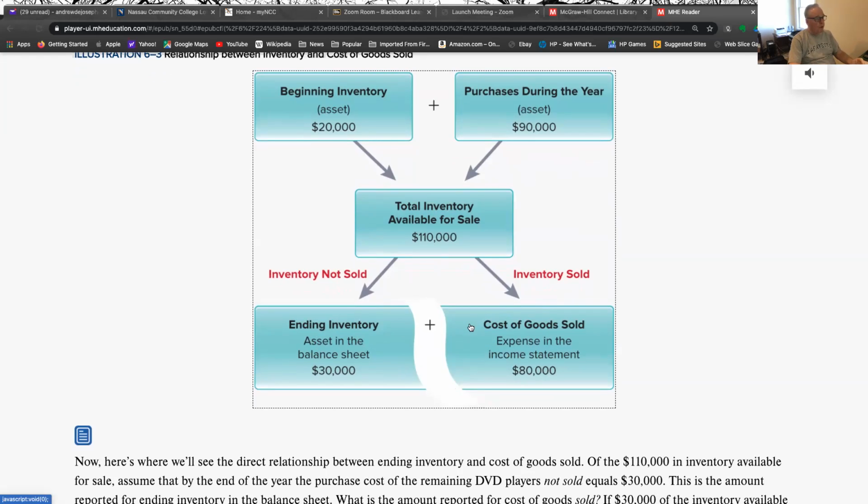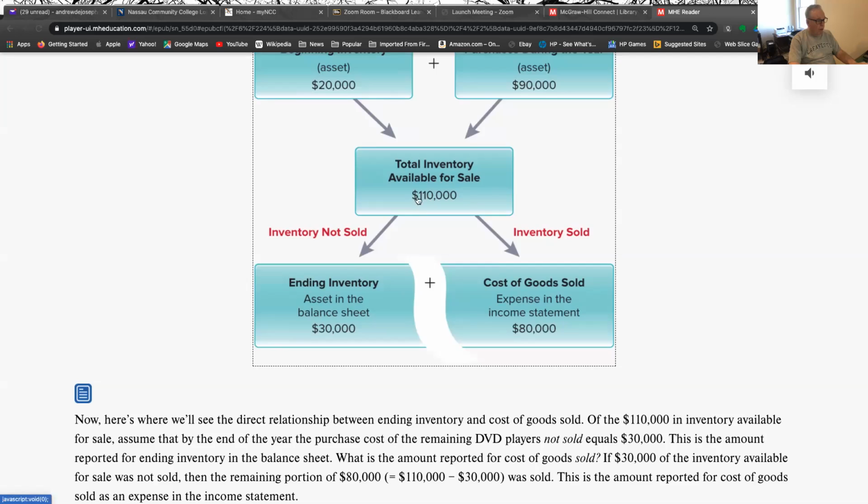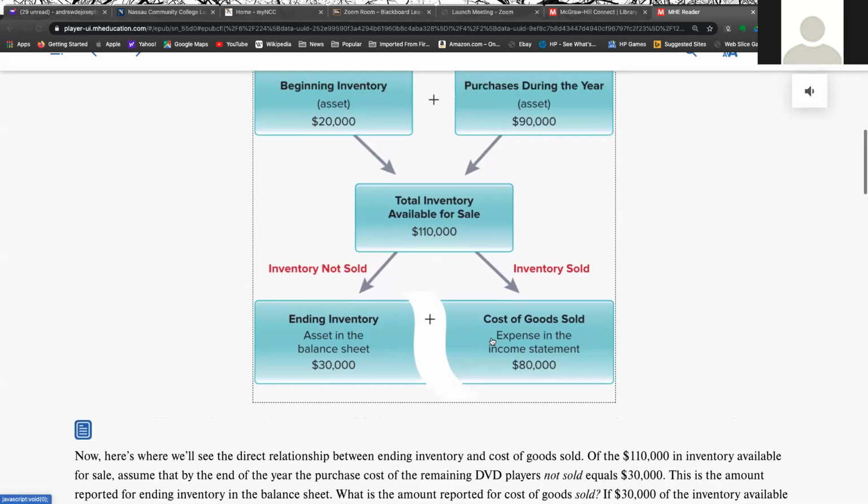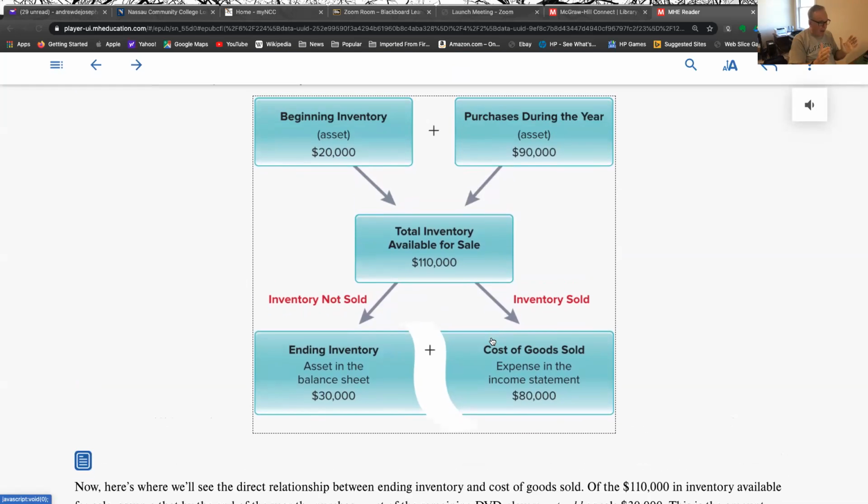So if we walk through the numbers, beginning inventory was 20,000. We purchased additional inventory for 90. 20 plus 90 is 110. And if we still have 30, 110 minus 30 is 80. 80 is what we sold, right? And just think about that for a minute.